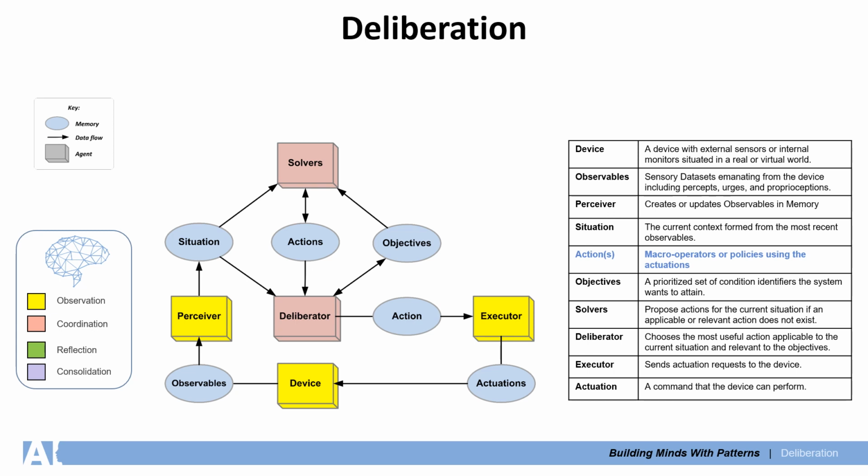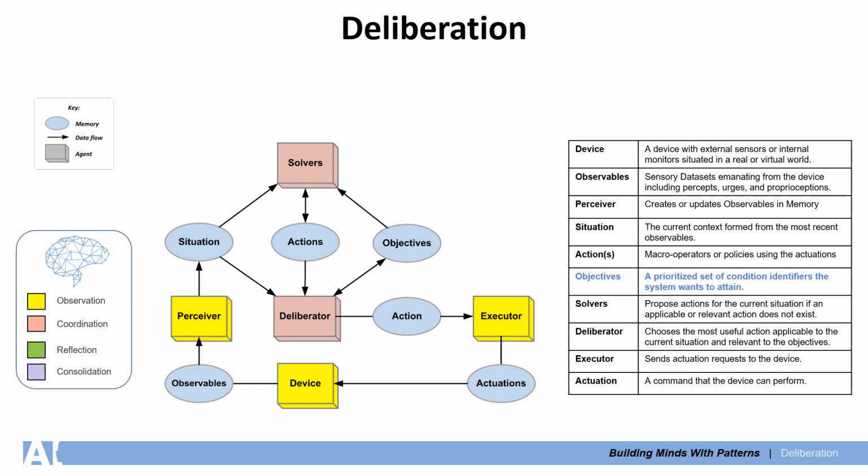The macro operator may contain a chain of actuations or sub-macro operators needed for the successful execution of the macro operator. An objective is an identifier for a condition that the system wants to make true or attain. The solvers propose new actions for the current situation if an applicable or relevant action does not exist.